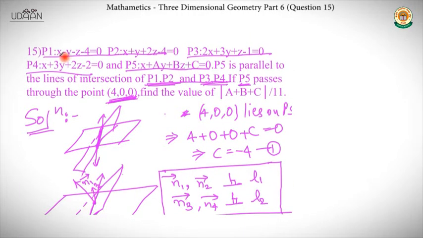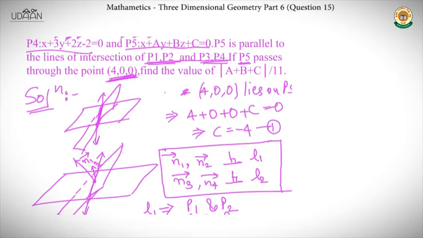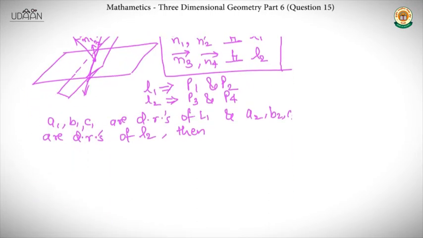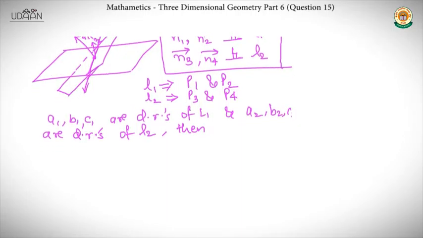Now N1 has the direction ratios 1, minus 1, minus 1, and N2 has direction ratios 1, 1, 2, which is obtained directly by comparing the general equation of the plane. So we would obtain equations.